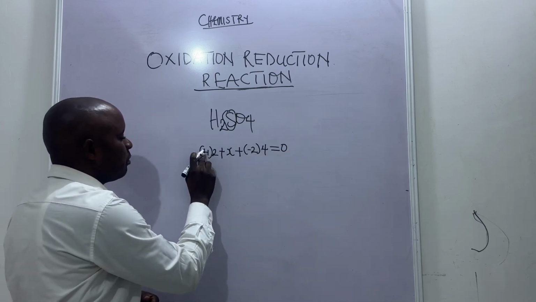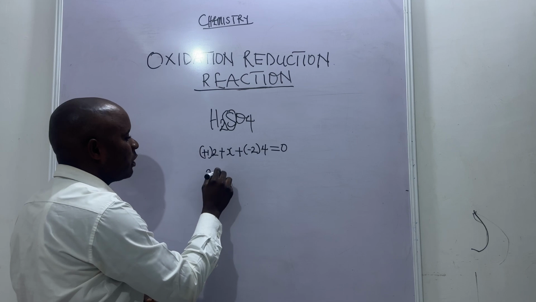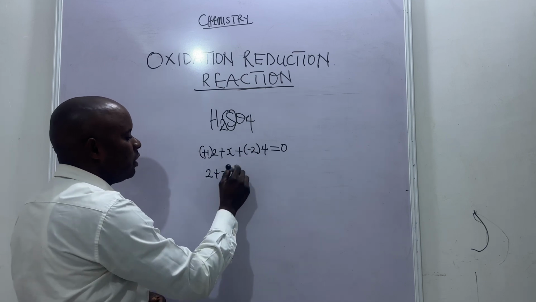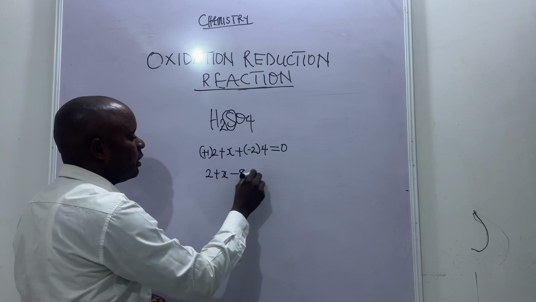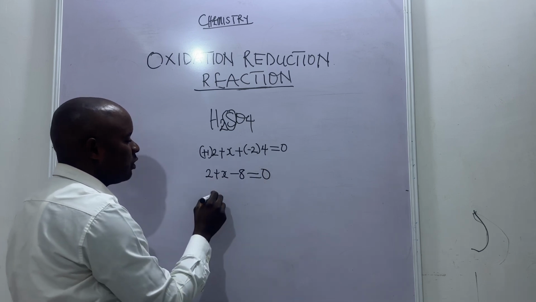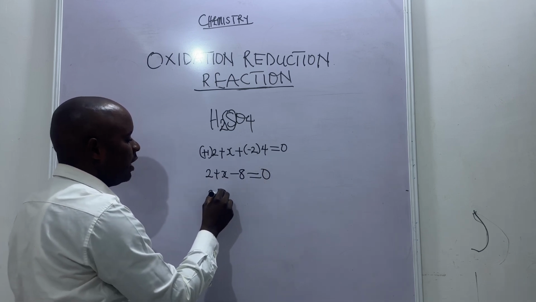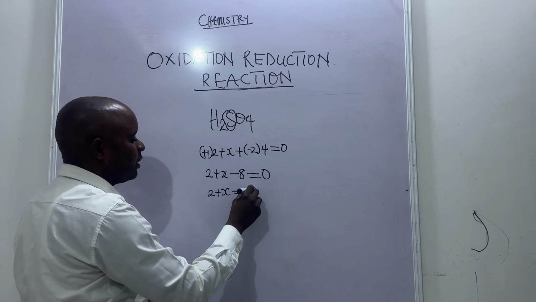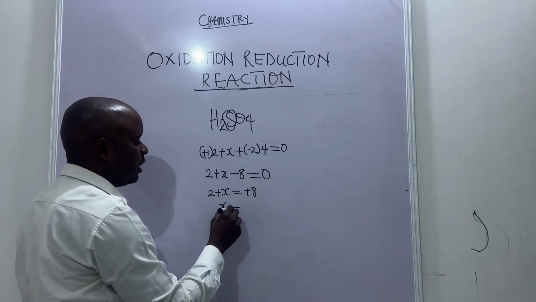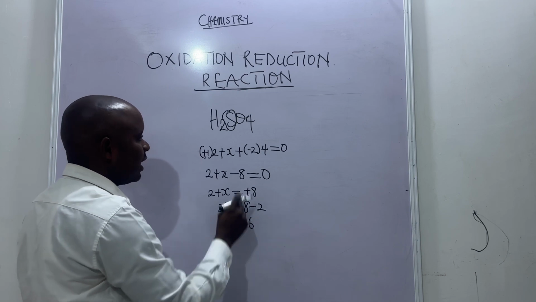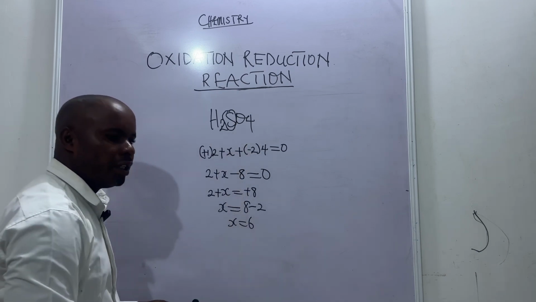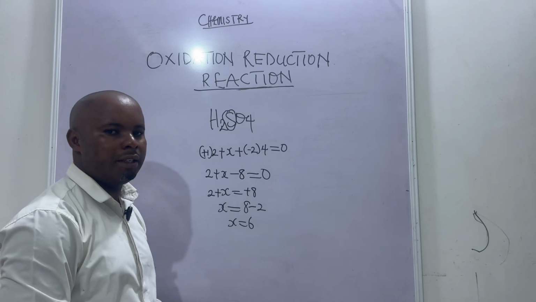So +1 times 2 plus S, -2 times 4 is -8, is equals to 0. By so doing, we said 2 plus S is equals to +8. For us to have S, we said 8 minus 2 to give us S equals to 6. That is why this is known as hydrogen tetraoxosulfate(VI) acid.